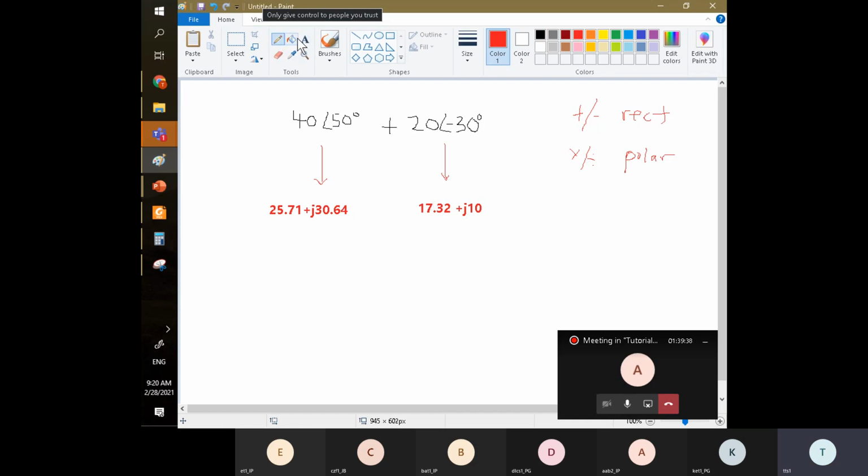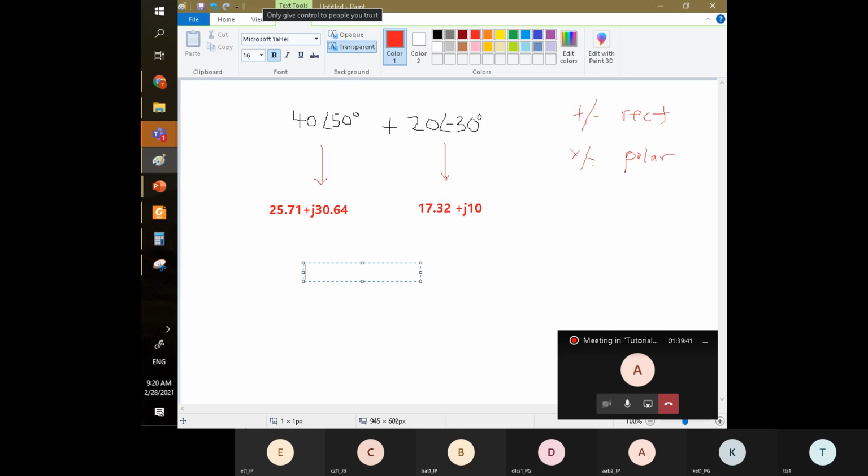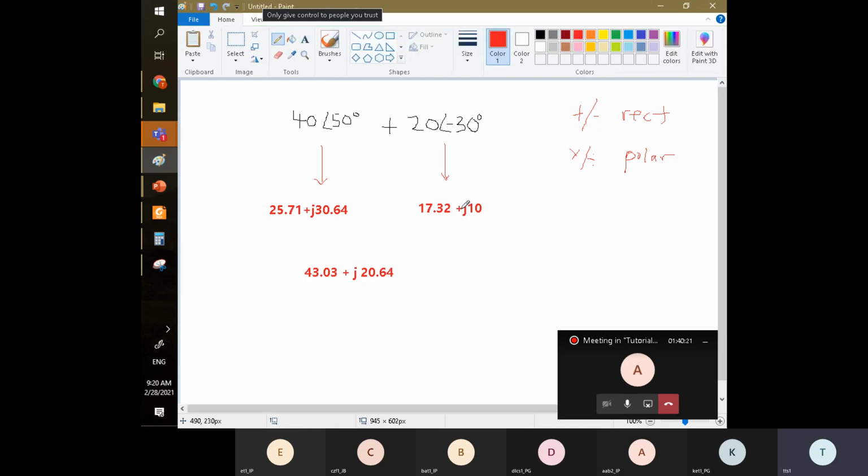The answer is 43.03 plus j20.64. Here is a minus, so 30 minus 10 becomes 20.